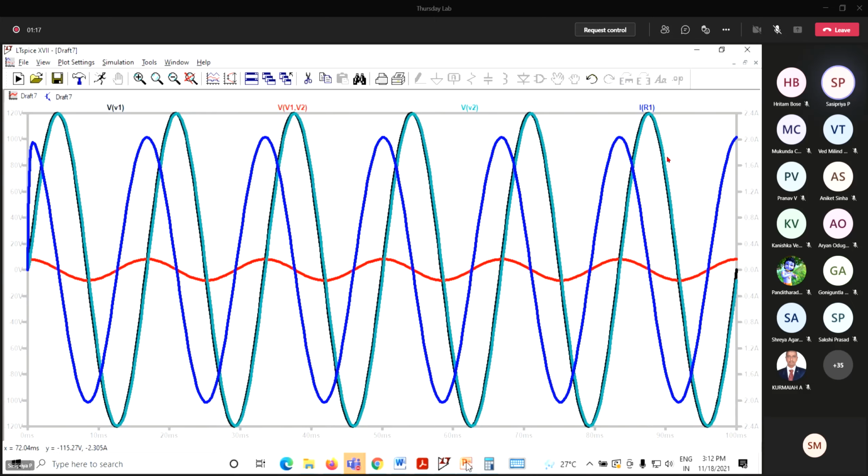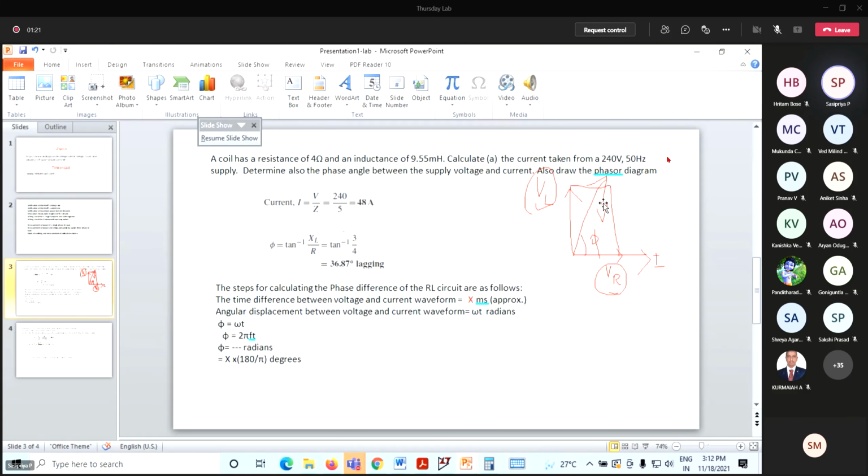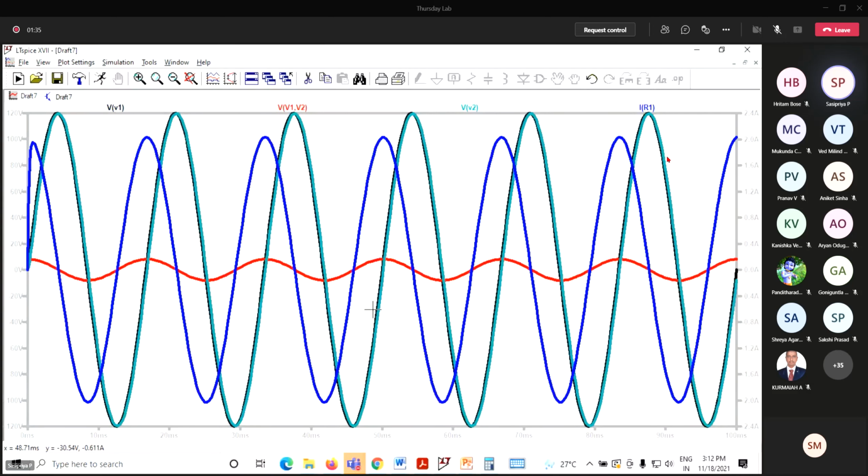Draw the phasor diagram like this, indicating the values of VR and VL, V, I, and phi. Simultaneously, you have to have a screenshot of these waveforms also.